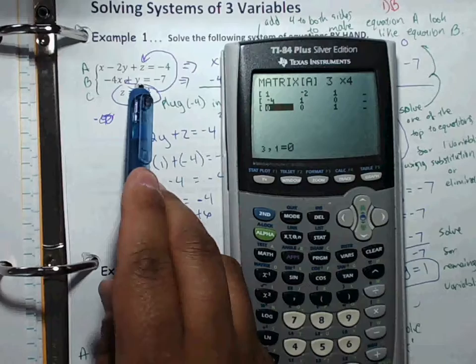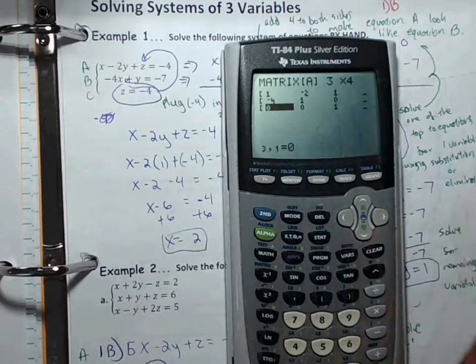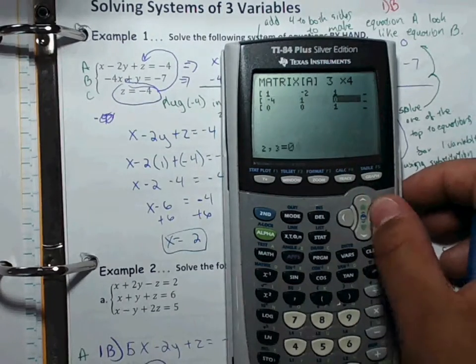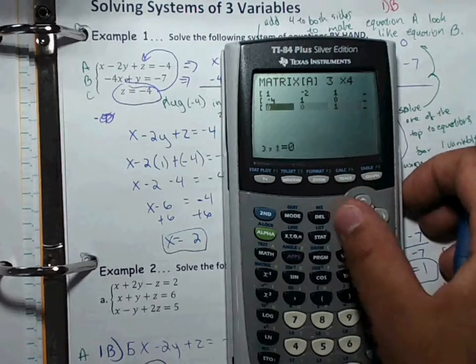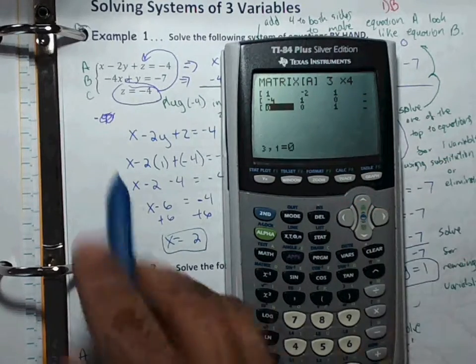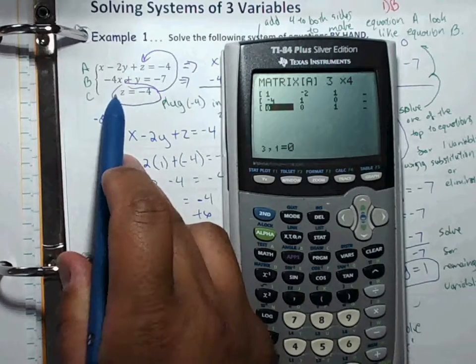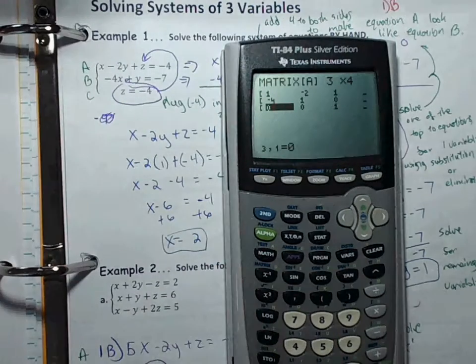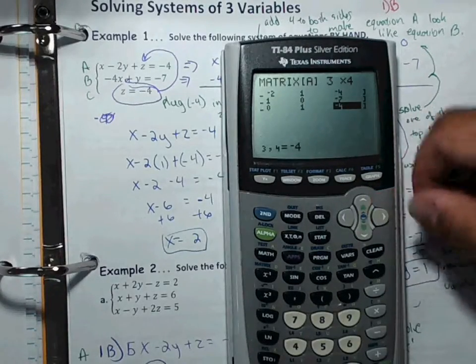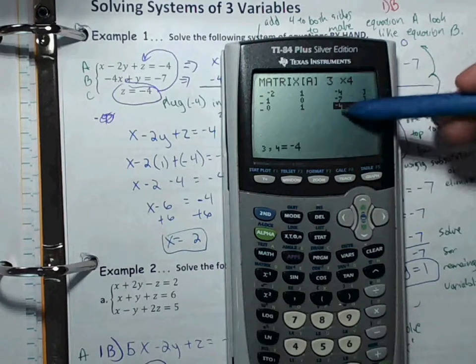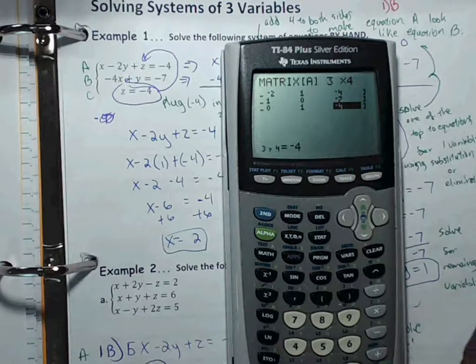So this second equation didn't have a z, so in the third column, right here, I put in a 0 because there is no z. And the bottom one didn't have an x or a y, so I put zeros for those coefficients. Let's keep our voices down, ladies and gentlemen. And on the right side of the equal sign, it's just the last column. I'll come over there and help you individually afterwards too.